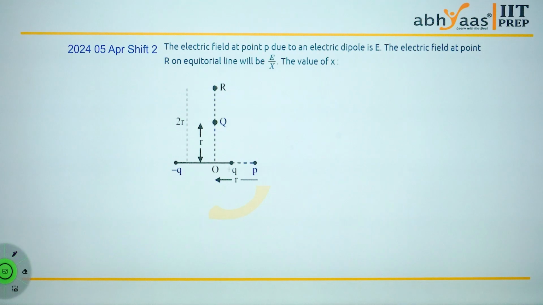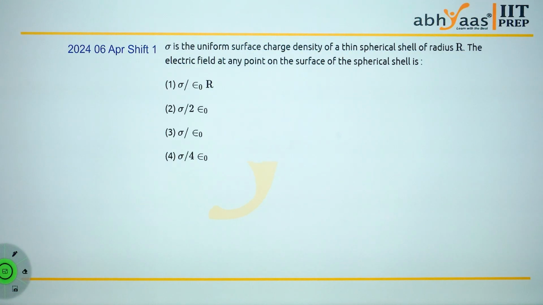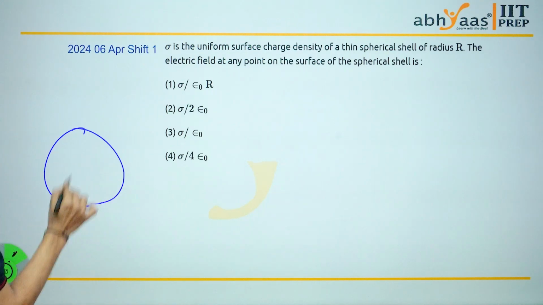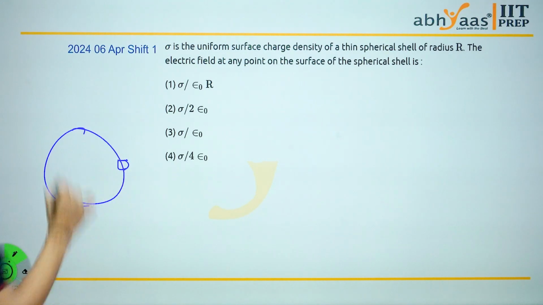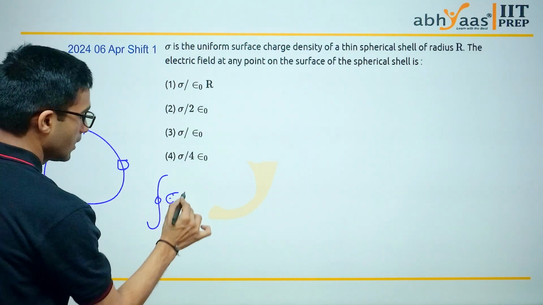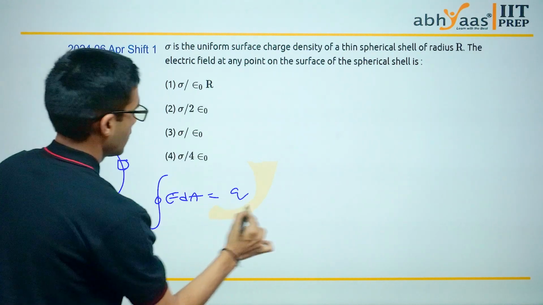Now going to the next question. Sigma is the uniform charge density of a thin spherical shell of radius R. Electric field at any point on the surface of the spherical shell. So you know that the sphere is like this, and at the surface you need to calculate. From the Gauss law, integral E dA is equal to Q by epsilon naught.